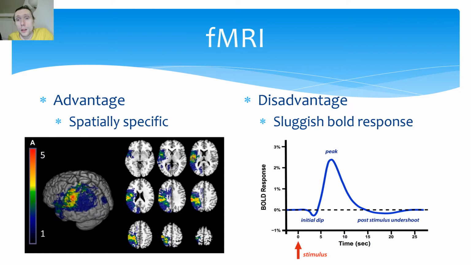However, the time resolution is not very good. Why? Because with fMRI we measure the oxygenation of the blood, and so how the oxygen goes to the neurons after they have been active. So what we see is a neuron becomes active, or a group of neurons become active, and then after a while oxygen is transferred to that area.